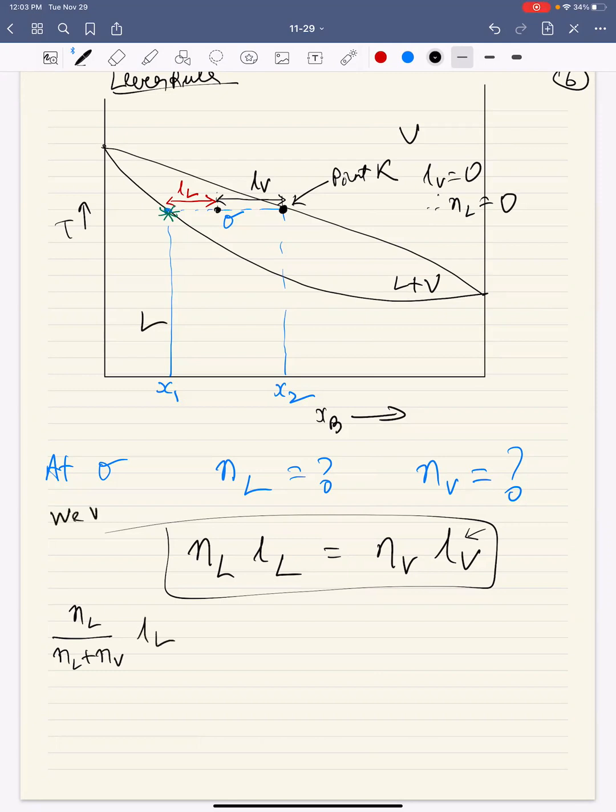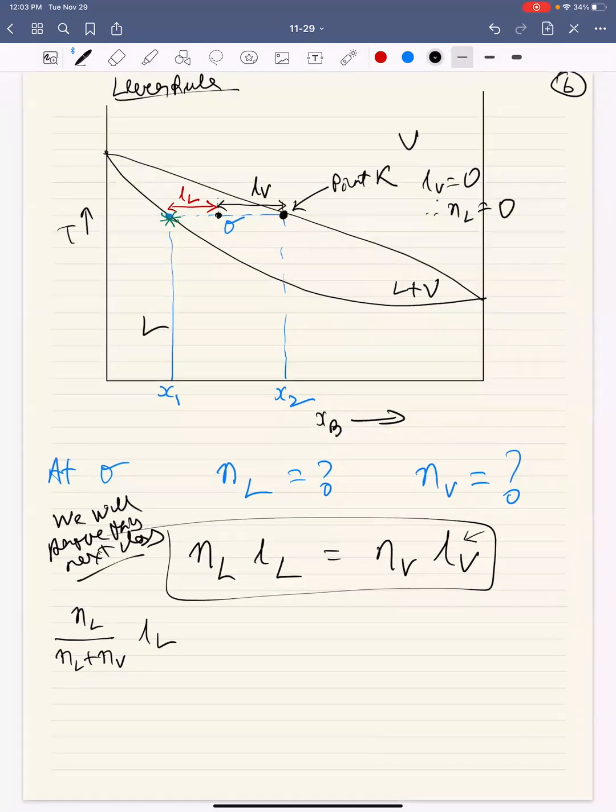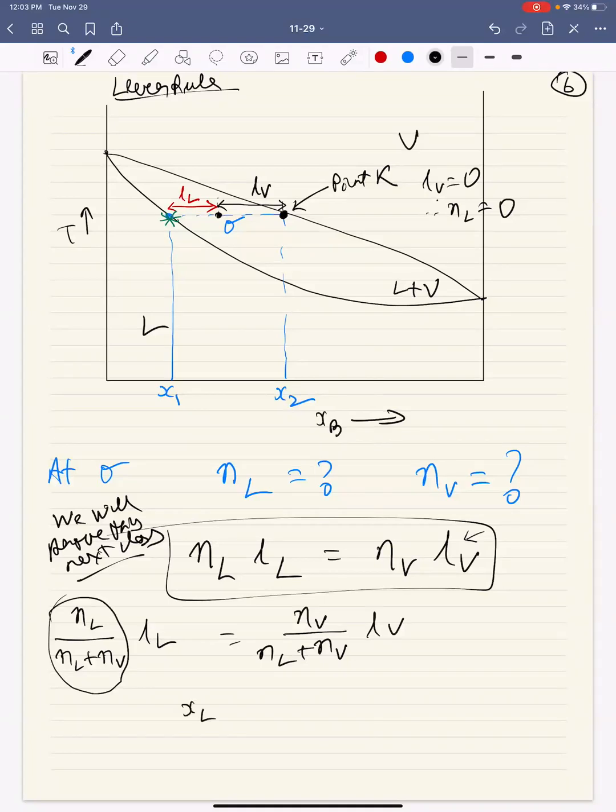I want to mention that we will prove this next class. And this is Lever rule. If you divide both sides, then NV divided by NL plus NV, LV. So this is the mole fraction of liquid, right? So XL multiplied by LL is equal to XV multiplied by LV.